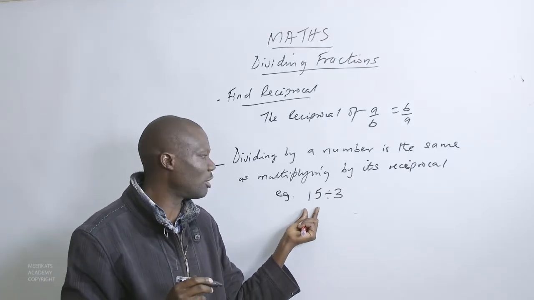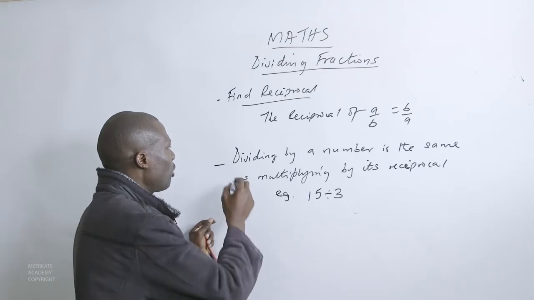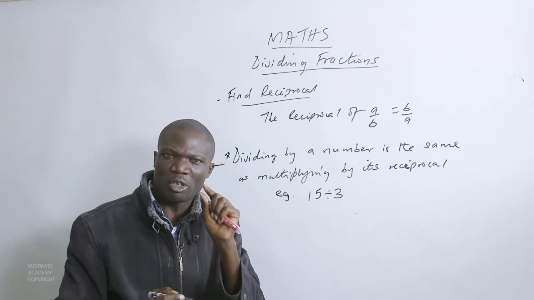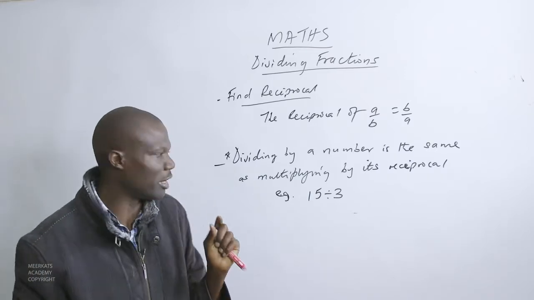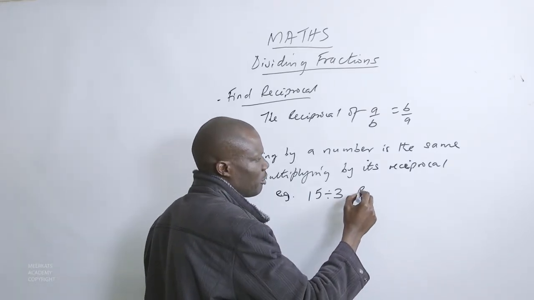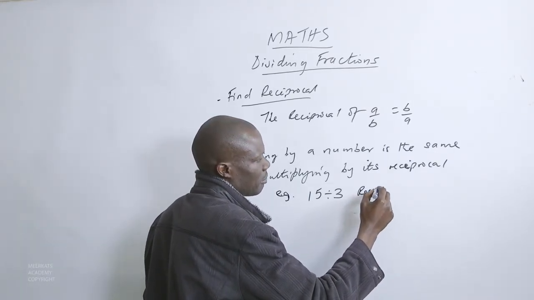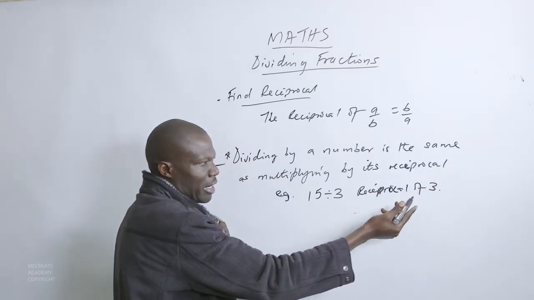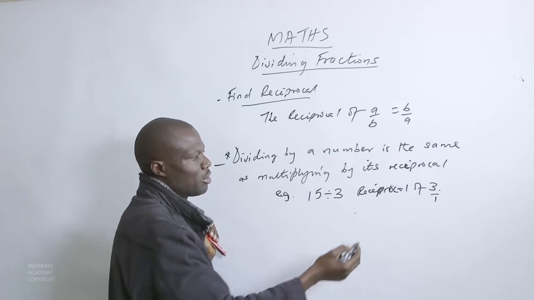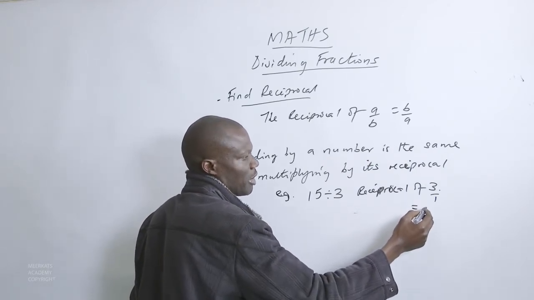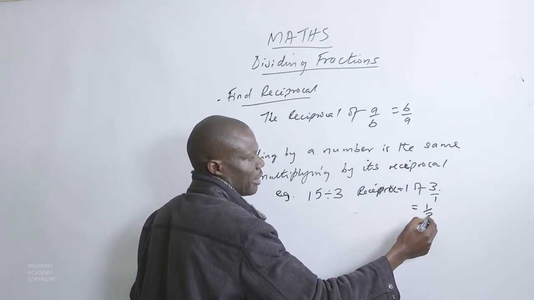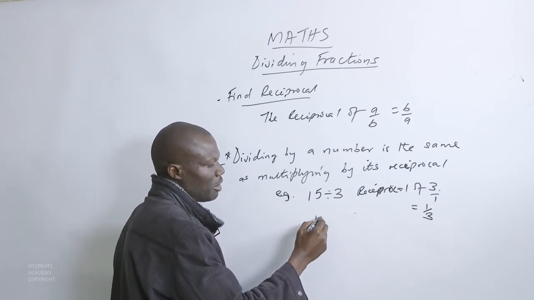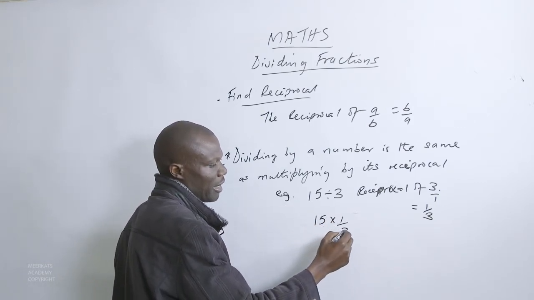This is a whole number divided by a number. Following this rule, this is the same as taking 15 multiplied by the reciprocal of 3. We introduce a denominator of 1 so that the reciprocal of 3 becomes 1 over 3. So our question becomes 15 multiplied by a third.